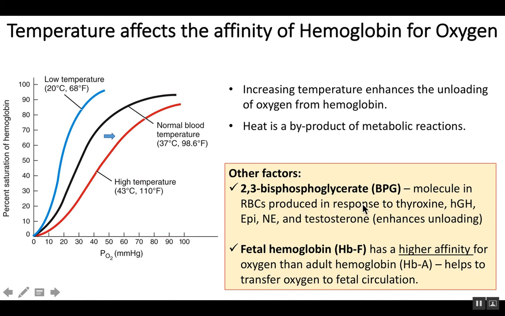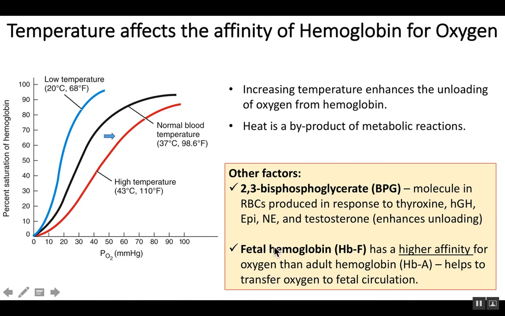These hormones basically stimulate more release of oxygen because tissue that needs more metabolism, needs more energy production, requires more oxygen. So these hormones stimulate this molecule to be produced. This molecule helps to unload oxygen. So this graph could represent BPG, and that you would get that same rightward shift the more BPG present.